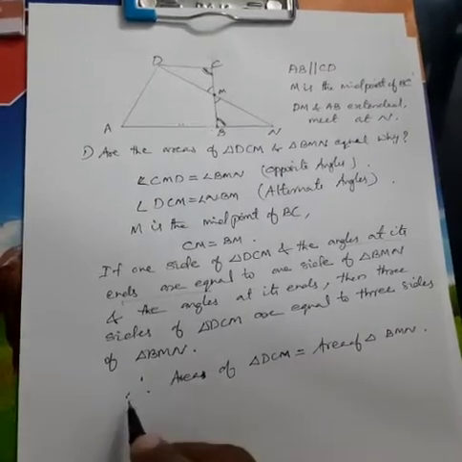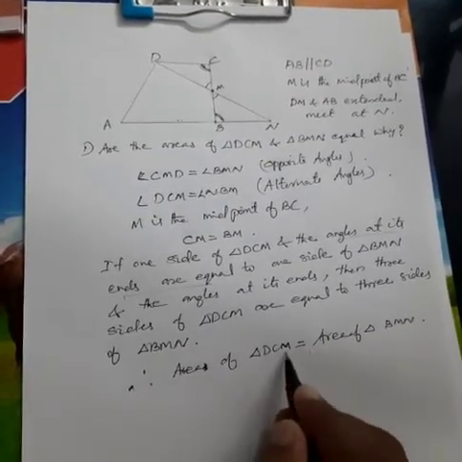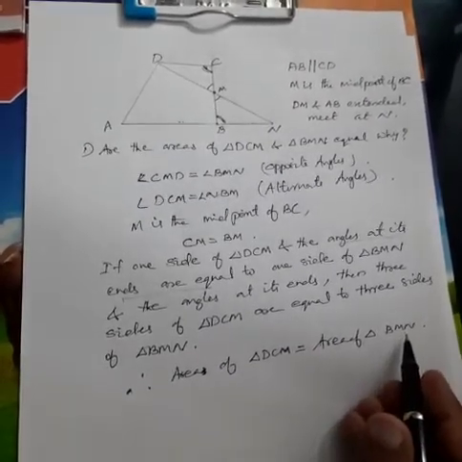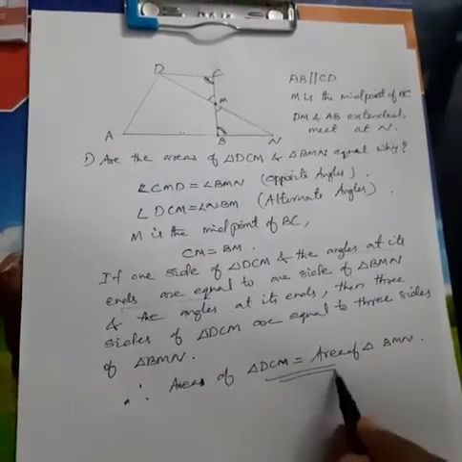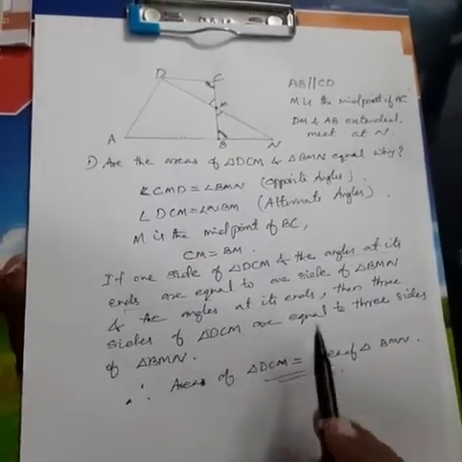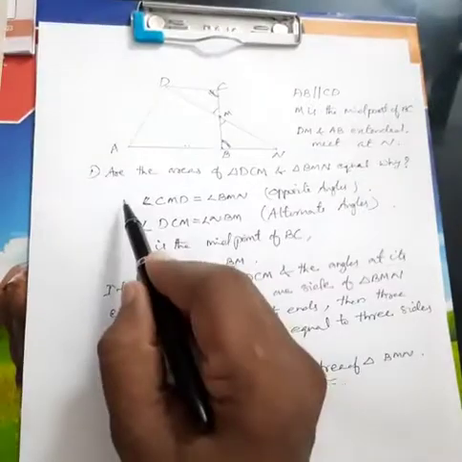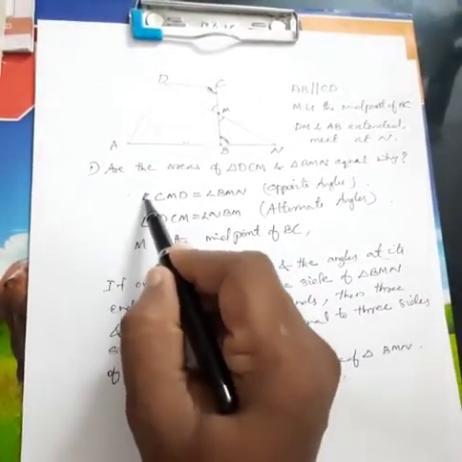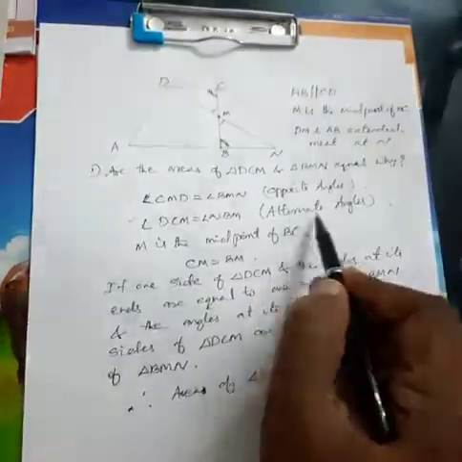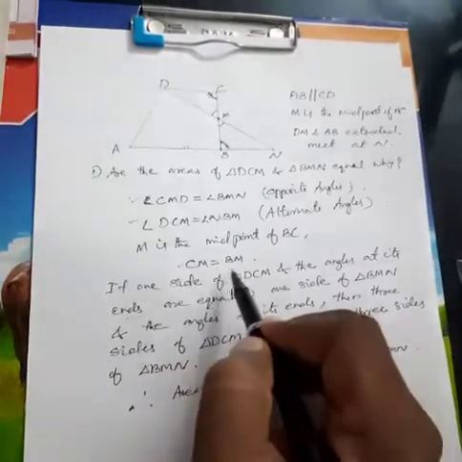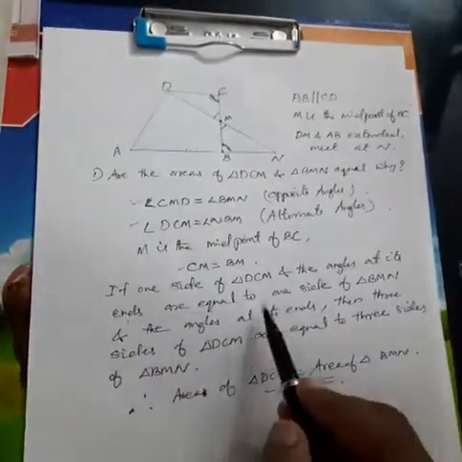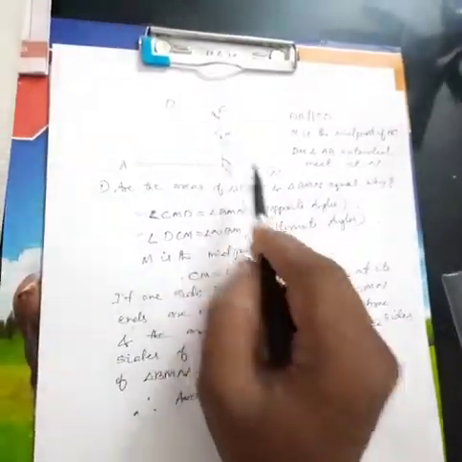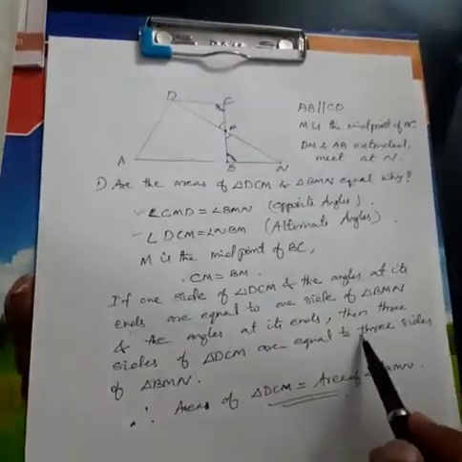Therefore the area of DCM is equal to the area of BMN. You get one pair of opposite angles, alternate angles, and one side is also equal. So the angles at its ends are equal, and the other sides are also equal.